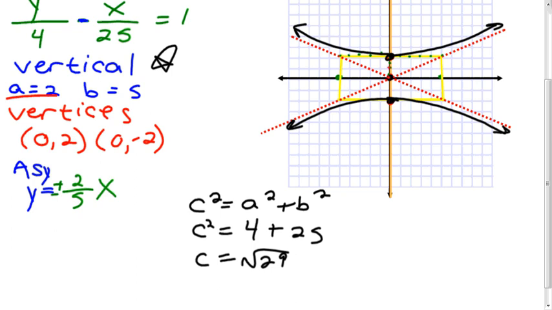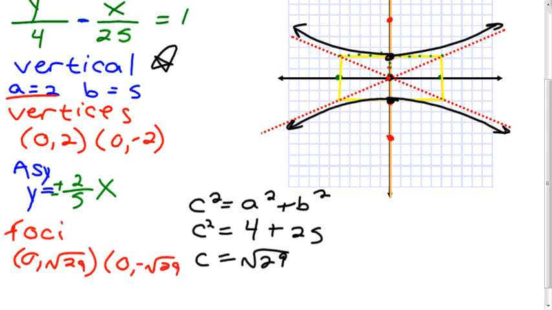So from my center, there's one focus, and there's my other focus. Because it's centered at 0, 0, the foci are 0, square root of 29 and 0, negative square root of 29. So you're going to practice graphing and finding these key pieces of information for hyperbolas that have not been translated.